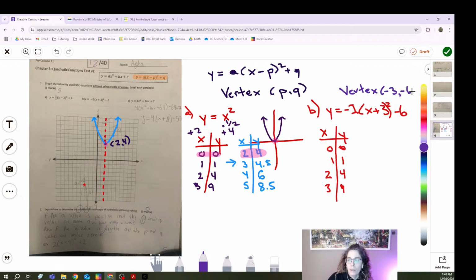Of the x points, the x value is going left 3. So we're going to subtract 3 from our x values. That's going to shift that new origin, that new vertex. What happened to the y?